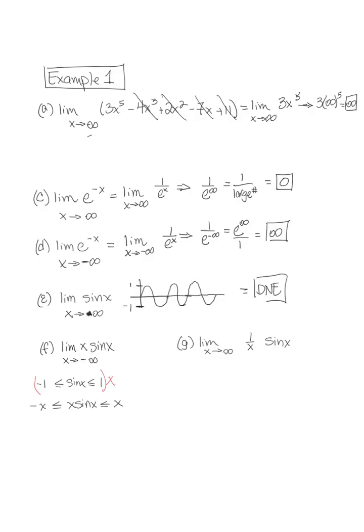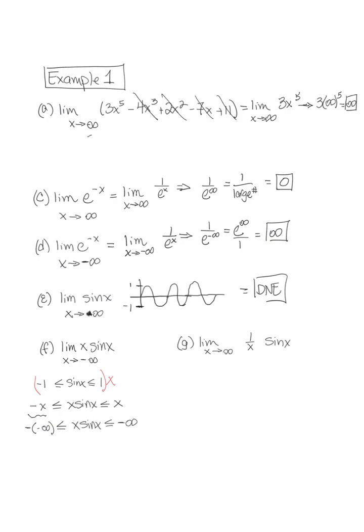So if I put in a negative infinity right here, that's negative, and then negative infinity, right? Just this negative here is this negative, and then x is negative infinity. Then I'm going to keep my less than or equal to x sine x, and then over here, I'm plugging in negative infinity.